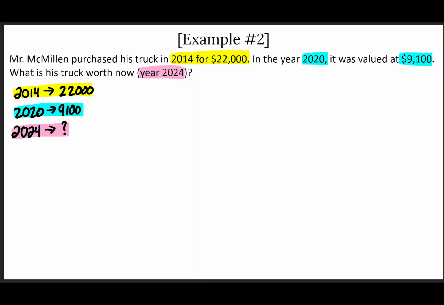Now, I could use X and Y just straight as is. X would be 2014, Y would be 22,000. 2020, 9,100. But having an X value of 2014 is really, really large, and we really don't want to use large numbers when we're dealing with exponential functions. So let's cheat this a little bit.